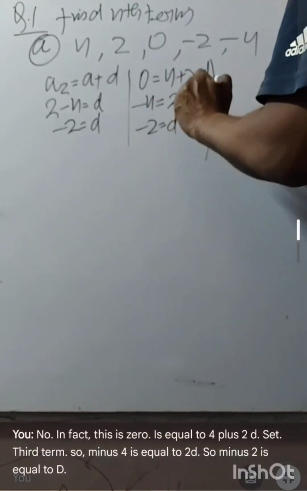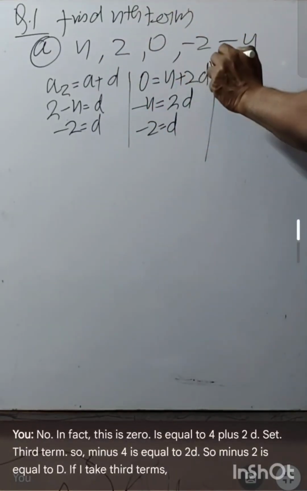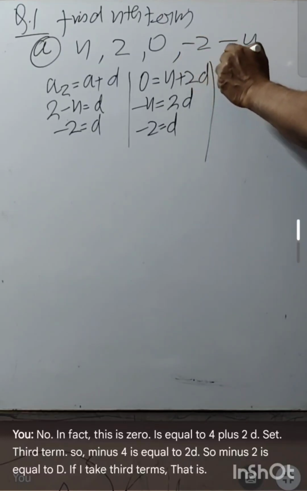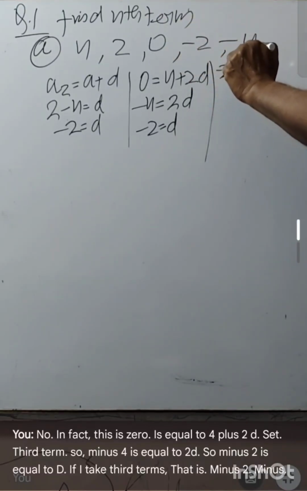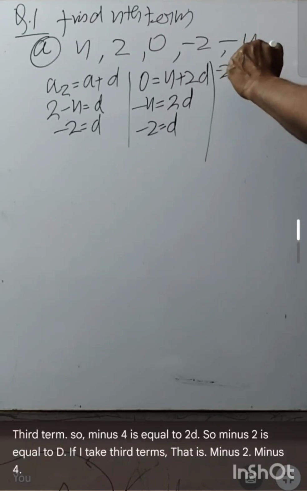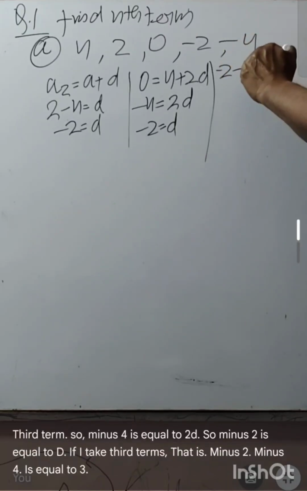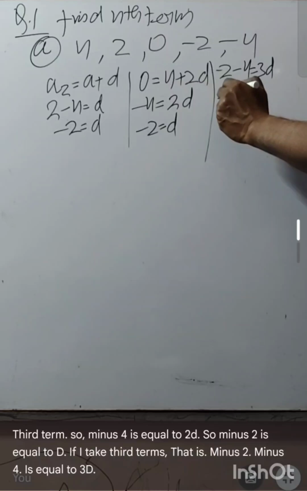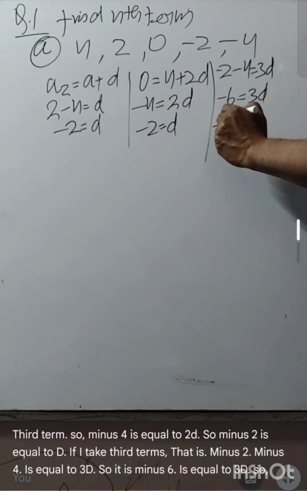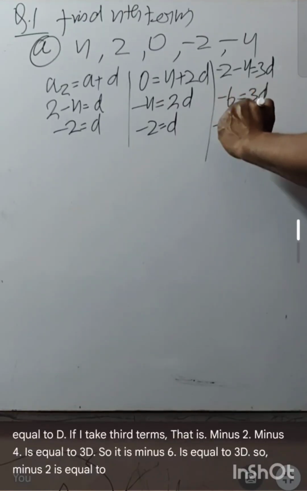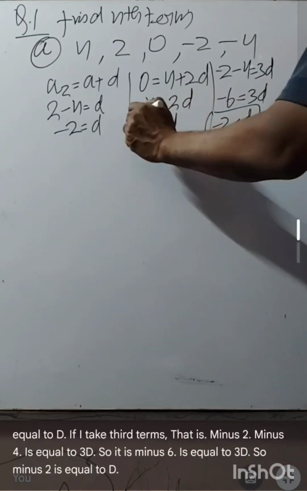If I take the term minus 2 minus 4 is equal to 3D. So it is minus 6 is equal to 3D. So minus 2 is equal to D, right?